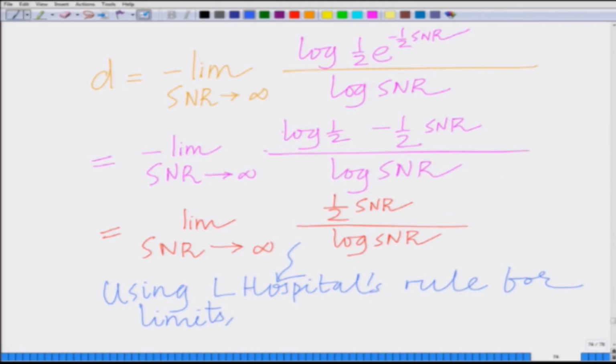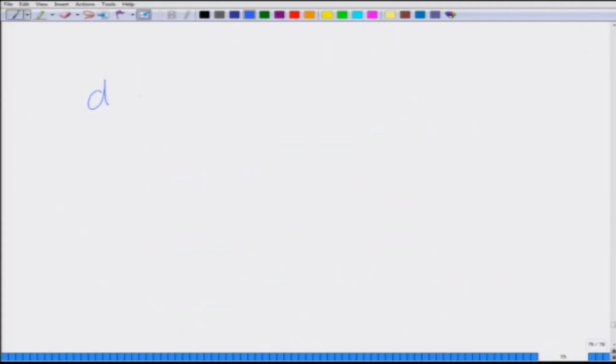So, using L'Hopital's rule, what we have is the diversity order D equals limit SNR tending to infinity, and I am now going to differentiate both the numerator and the denominator. If I differentiate the numerator, I have half SNR, the derivative of that with respect to SNR is half.